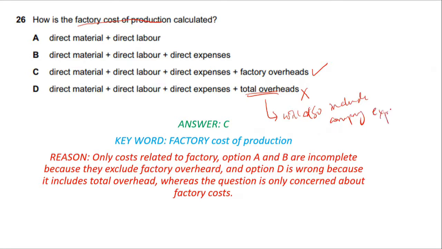So that's wrong because this is asking me about factory cost of production. Factory cost of production is the keyword. So option C is more complete and hence the best option. So the answer to multiple choice 26 is option C.